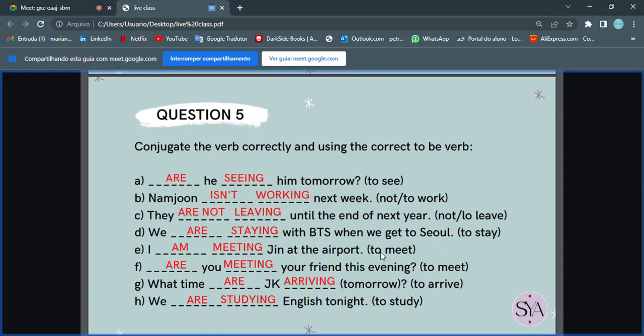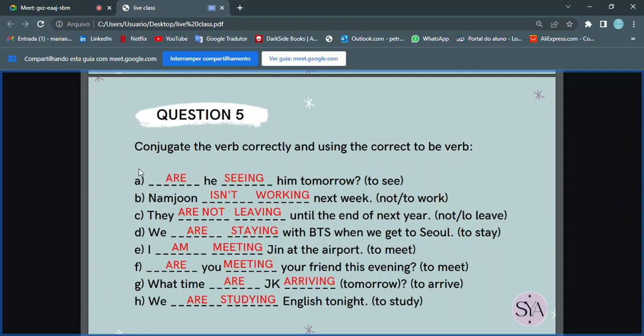And in the last question, you just need to conjugate the verb correctly and use the correct to be verb. This question is using the present continuous. The present continuous is with ing, right? So what you have to do is use the correct to be verb and conjugate all the verbs with ing.